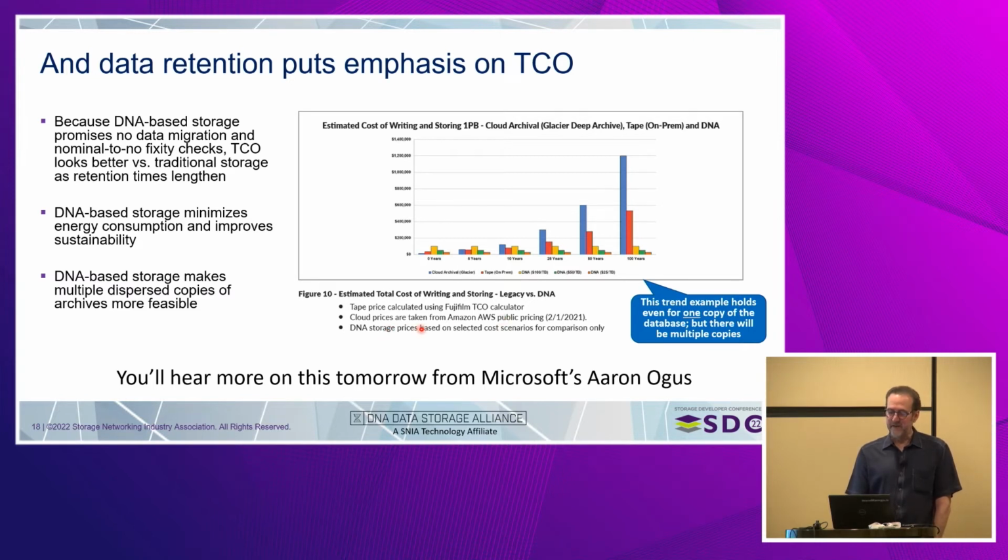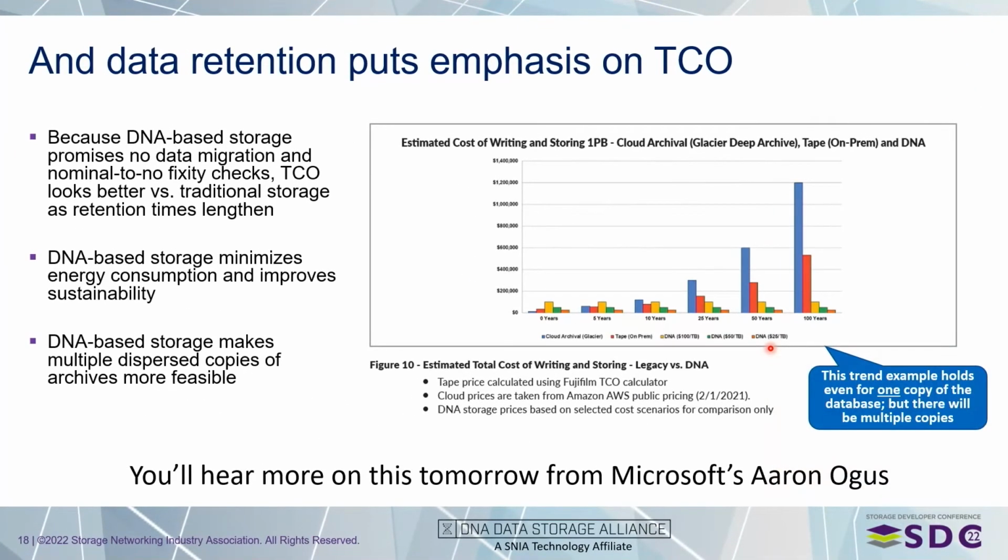And we estimated some DNA data storage prices based on some selected cost scenarios. So $100 per terabyte is the yellow, $50 per terabyte is the green, and the orange on the end is if we get to $25 per terabyte.